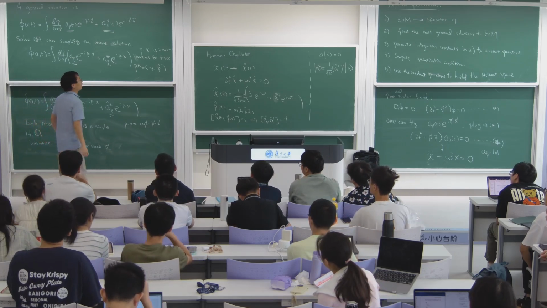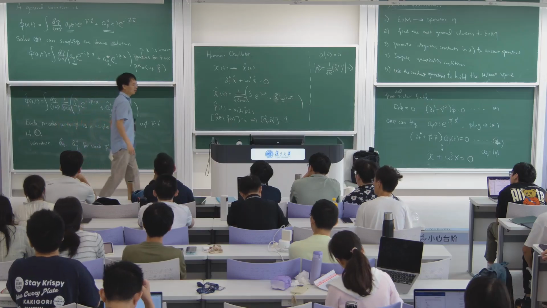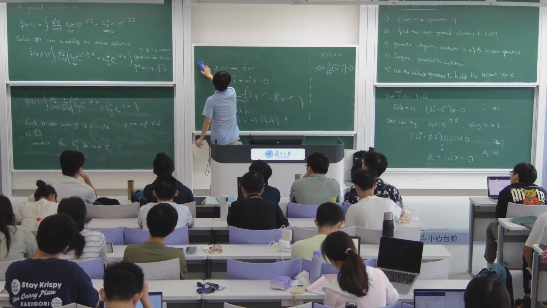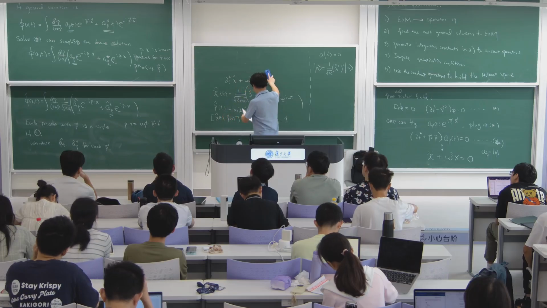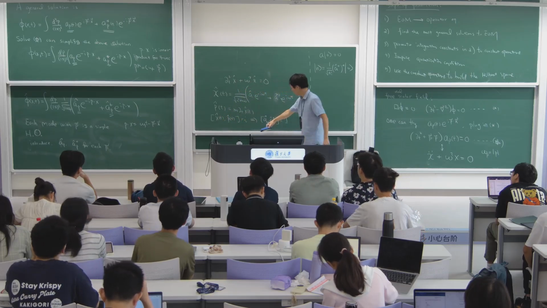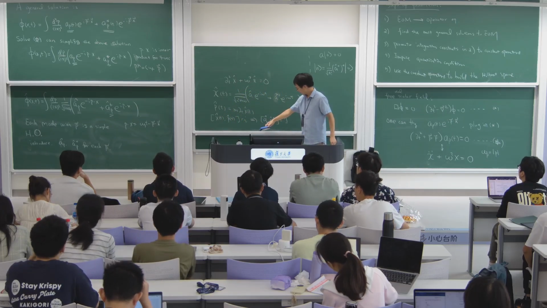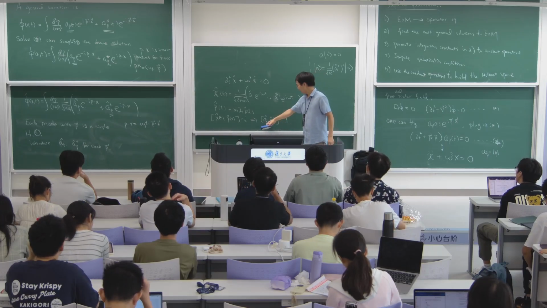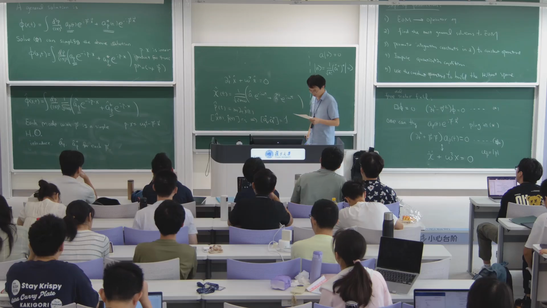Then we make an analogy to this harmonic oscillator where the quantization condition in the last stage in terms of A and A dagger is this way, right? The A, A dagger commutator equals 1.